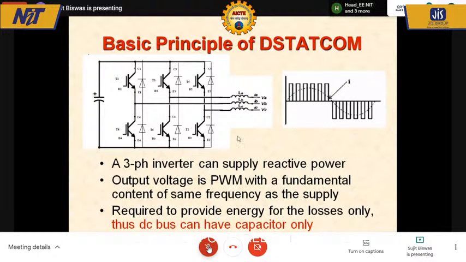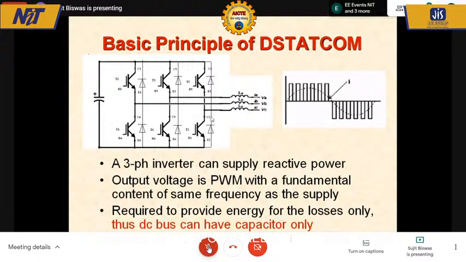When we go ahead with D-STATCOMs, they operate with the same type of converters that I had shown earlier. So I have an IGBT converter here switching at PWM. The line voltage here is a PWM waveform, and it's connected to the mains through the set of reactors as usual.